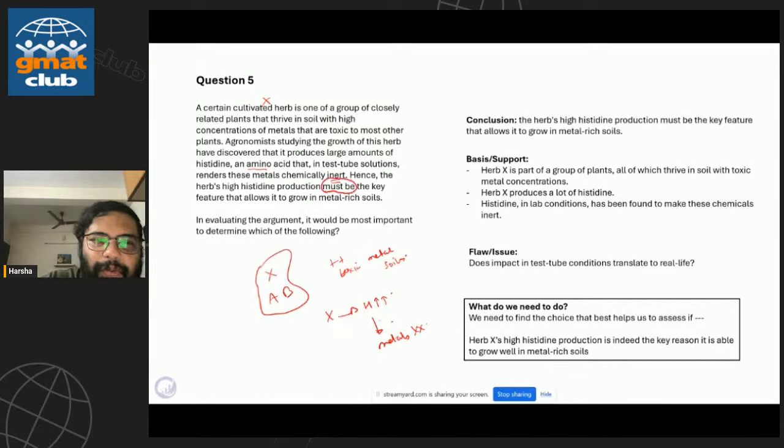And I also want you to always keep an eye out for such strong language. It has to be this, it has to be this. So the author is making a claim here that the reason herb X has such tolerance, it's able to grow so well in metal rich soils, has to do with the high histidine production. So the high histidine production is the reason for the fact that herb X is able to grow in those toxic metal rich soils.